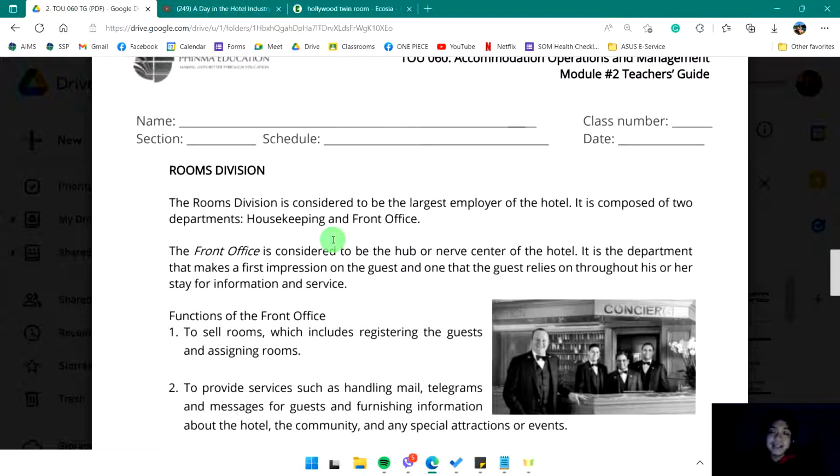First impressions last. In every person, I think we can all agree that first impressions really do last. And that is why the responsibility of the front office is very vital, no? Very essential, since they are the ones responsible in generating the first impression of our guest.